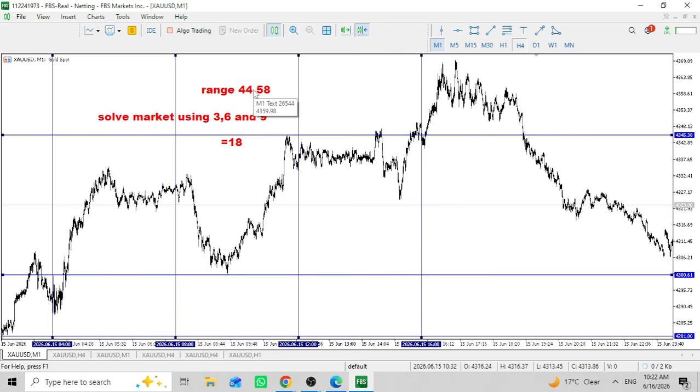So that is 445 pips. That range is 445 pips. You just say 44.58, but for the volatility of gold, you usually multiply it by 10. So it has moved 445.8 pips within a range of 4 hours.